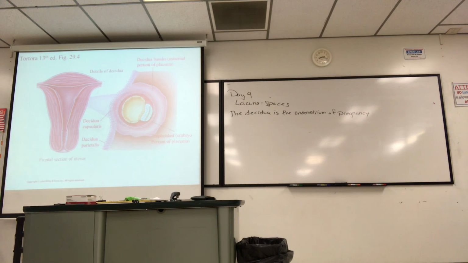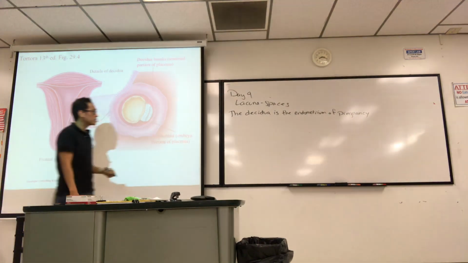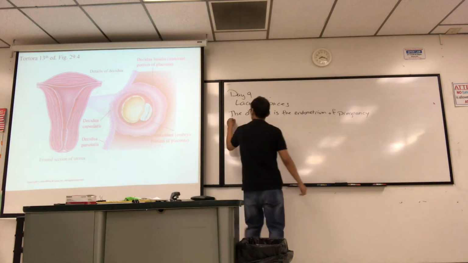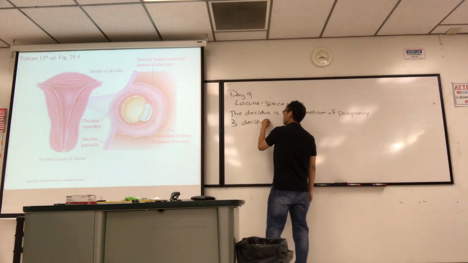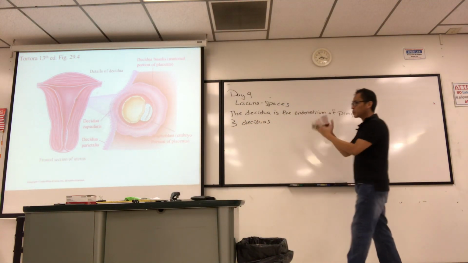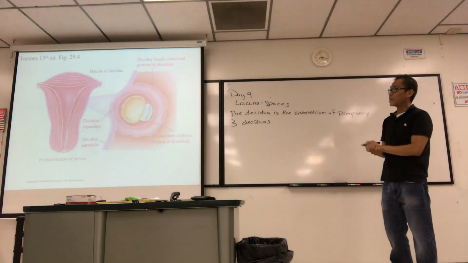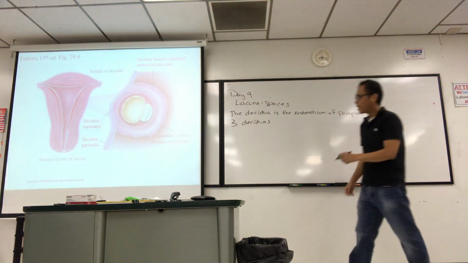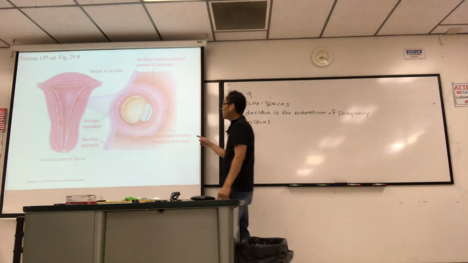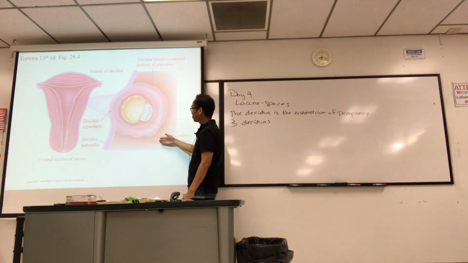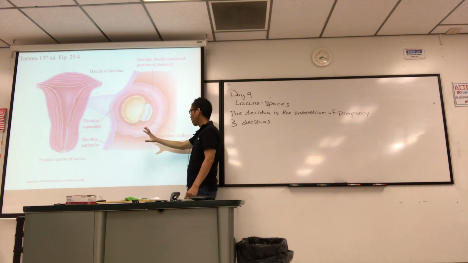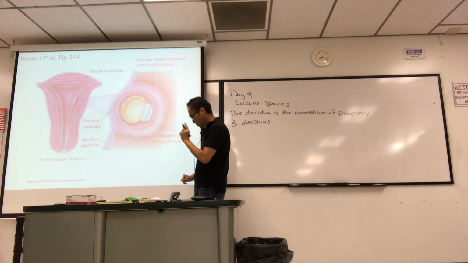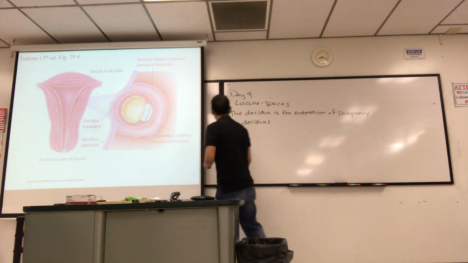And here what we see is, they call it the three deciduas. The endometrium that's surrounding our implanted blastocyst. Now the endometrium, or the decidua, that's underlying the blastocyst, is called the decidua basalis.